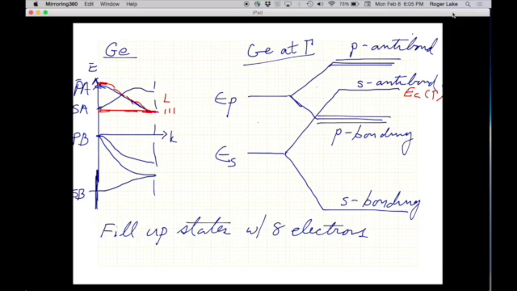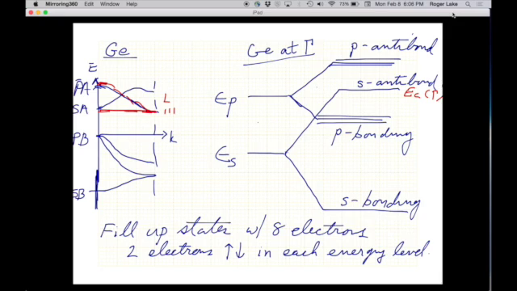We need to put them somewhere, and you put 2 electrons, 1 up spin, 1 down spin, in each energy level, starting from the bottom, of course. So we've got 2 here, and you're going to have, they're so close together, 6 here, and that's 8. This probably isn't the proper spin configuration, but that's not my concern at the moment. And so that accounts for your 8 electrons.